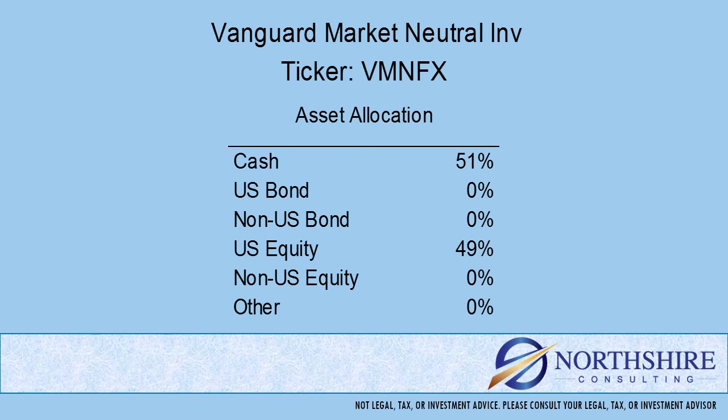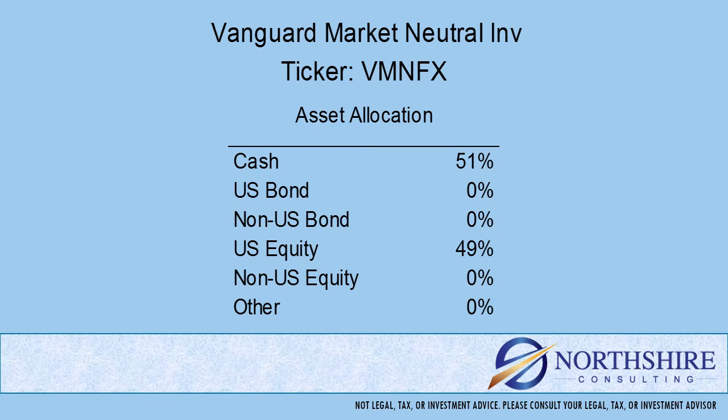When we look at a basic asset allocation like this, there's a couple things that we look at. The first is stock to bond ratio, or equity to bond ratio. So bonds, we have non-US, US, and cash we usually lump into that category as well. As you can tell by this portfolio, it's more so weighted in bonds than equities. What that means is it's going to be a little bit more conservative.